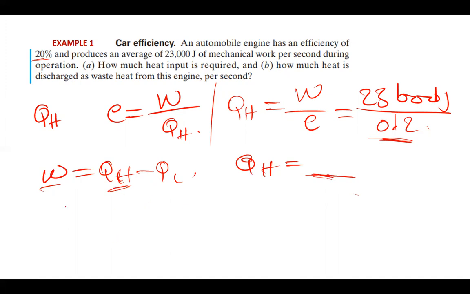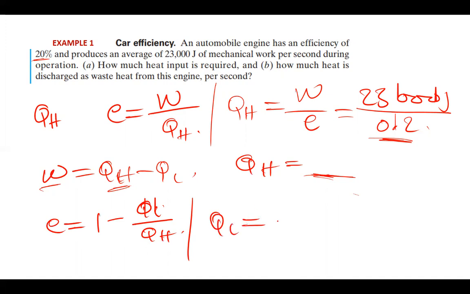If you don't want to use this formula, we know that efficiency can also be given as 1 minus QL over QH. So from there, I can just make QL the subject, which is QL equals QH times, when you take this to the other side of the equal sign, 1 minus E. So you have 1 minus E and then times QH.